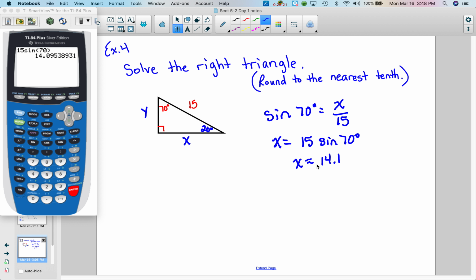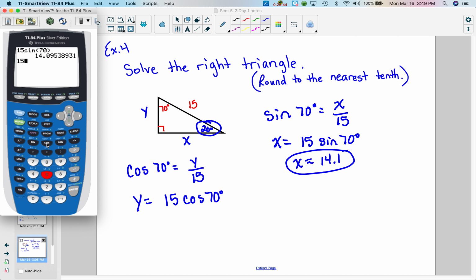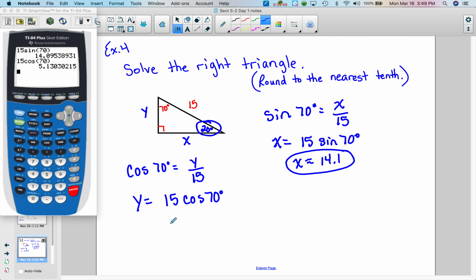If you're going to label it something, make sure your picture's labeled so that I know what you're talking about. Here was one of our answers too. And then to get the y value, I'm going to use cosine of 70 degrees equals y over 15, adjacent over hypotenuse. So we get y equals 15 cosine 70 degrees. So we have y is approximately 5.1.